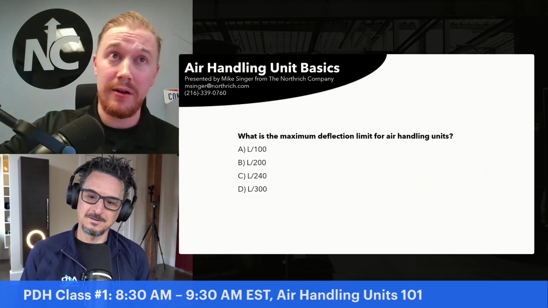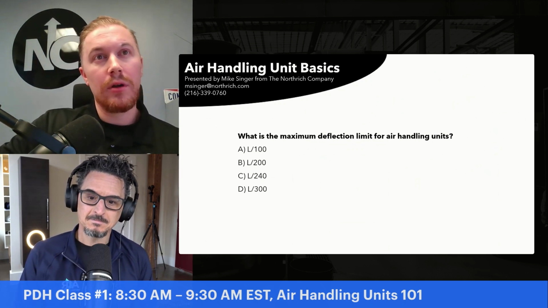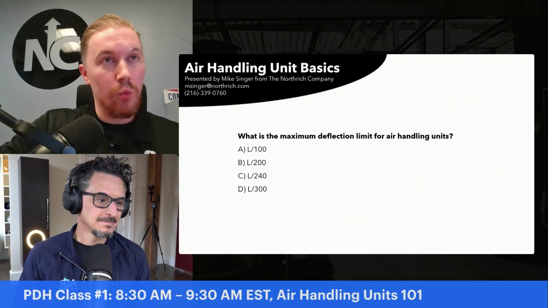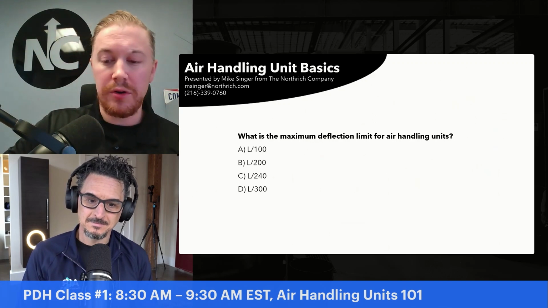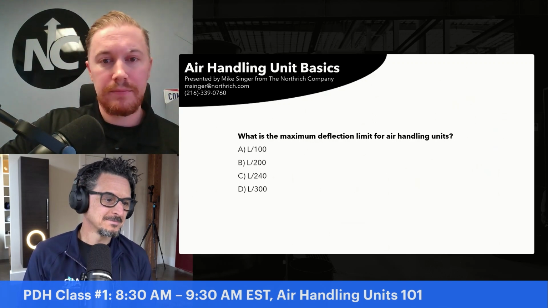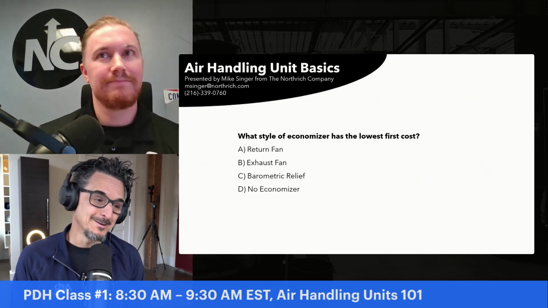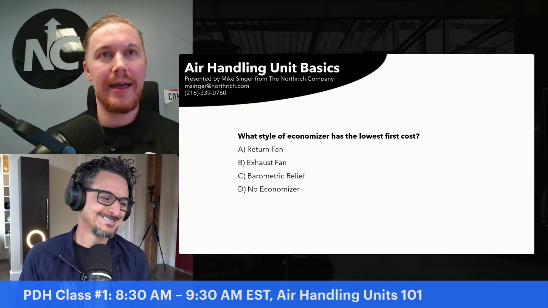Okay, and the answer here is L over 240. That standard will only allow the air handling unit, when pressurized, to deflect 1 inch over a 240-inch length. We got tons of answers in the chat, by the way, and all correct, too. So people are paying attention. That's good.